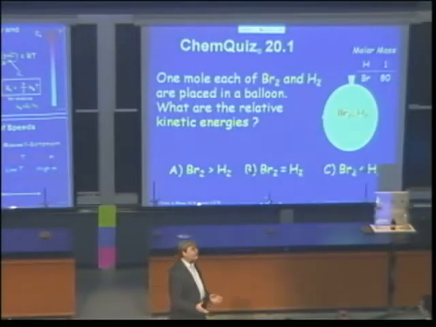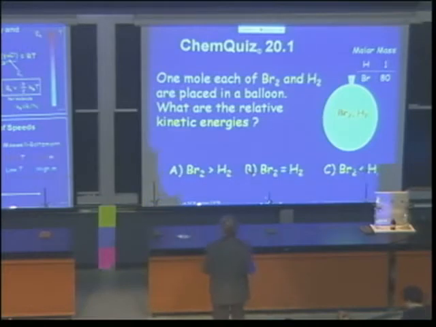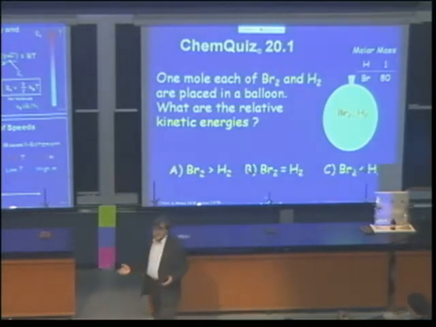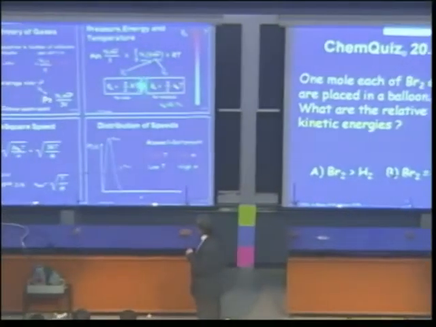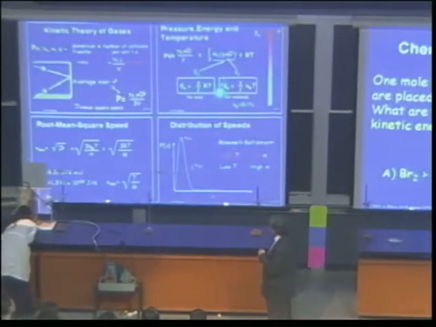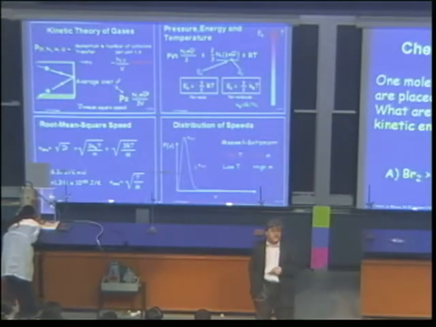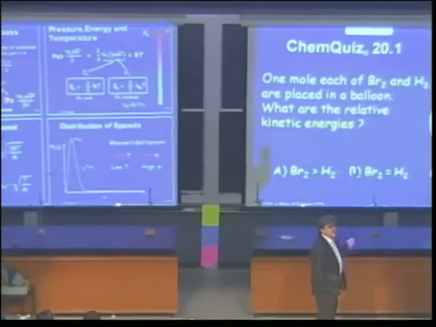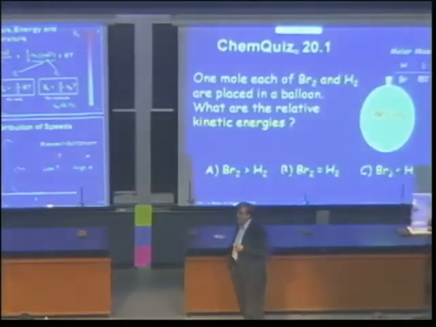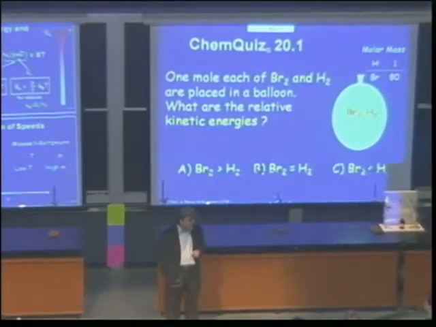I derived it for you. I said that the kinetic energy of these gases, in fact, ideal or any gas actually, if it's not too hot, depends only on 3/2 RT, on the temperature, directly proportional to temperature. Now think about it. The larger molecules will move slower, and the smaller will move faster.